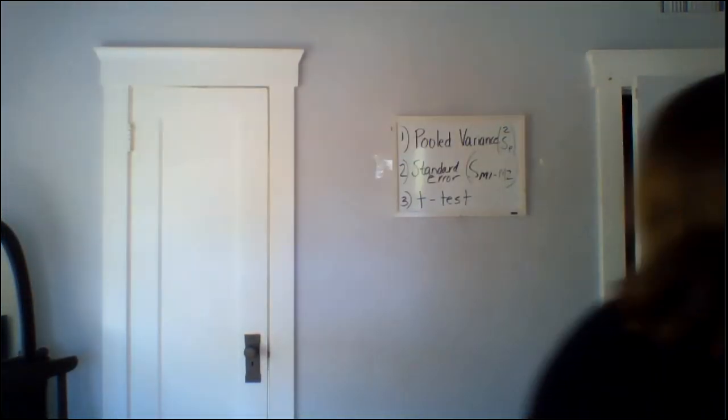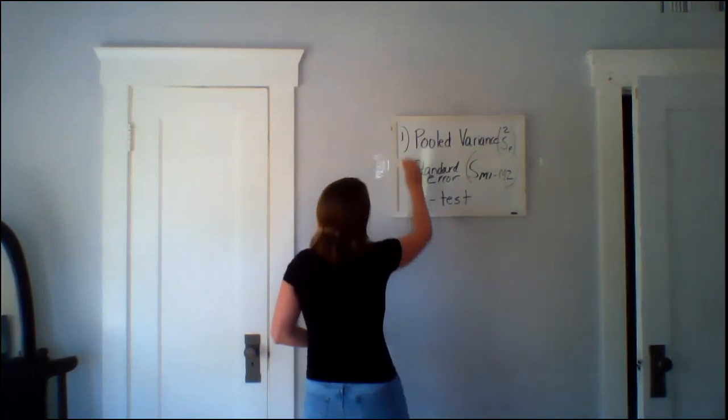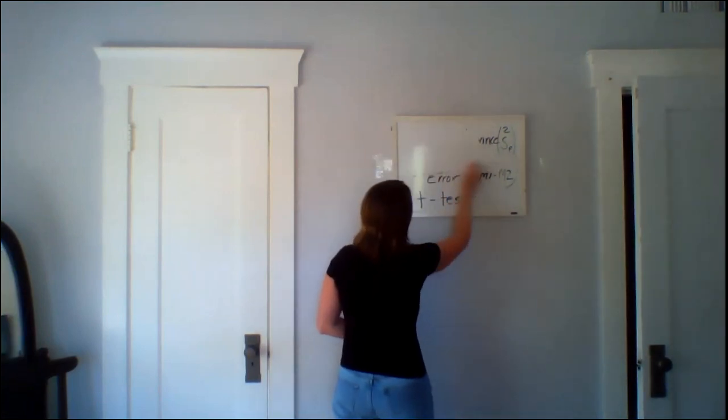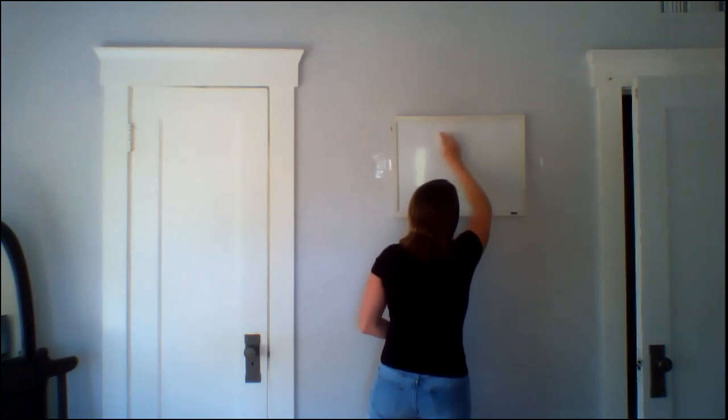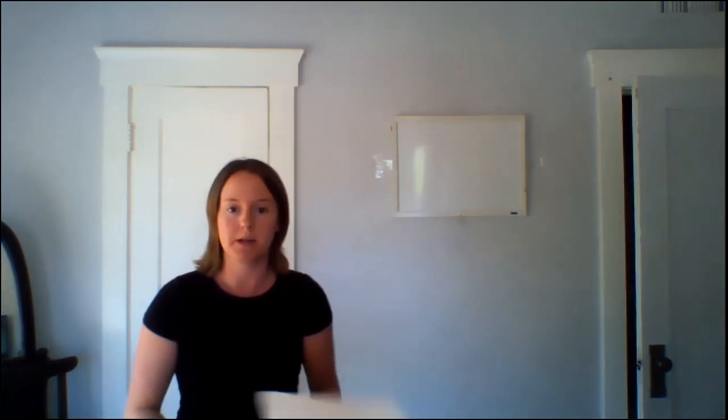Just give me 1 second here. So how do we compute the pooled variance? You'll find this formula on the formula sheet like all of our formulas. And I will always give you these different pieces of the equation, so it'll just be plug and play.